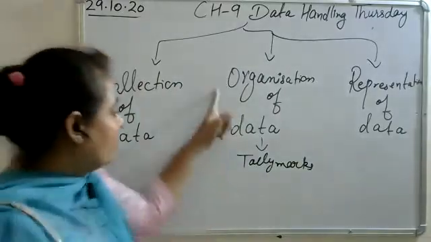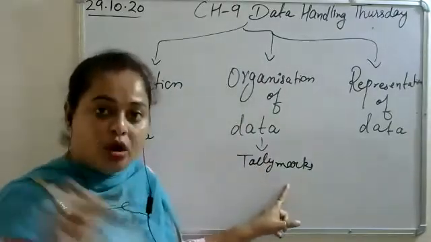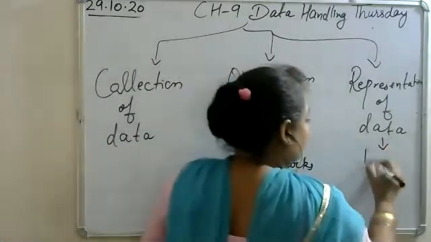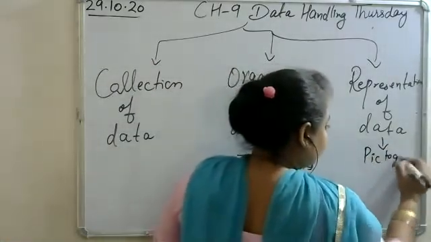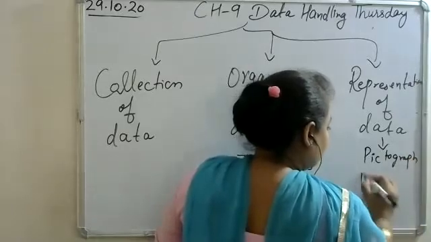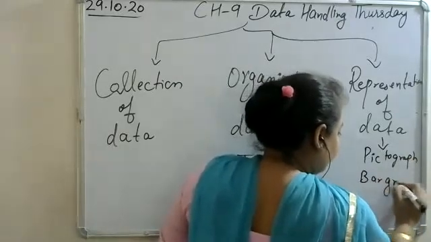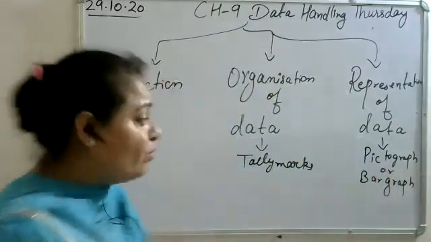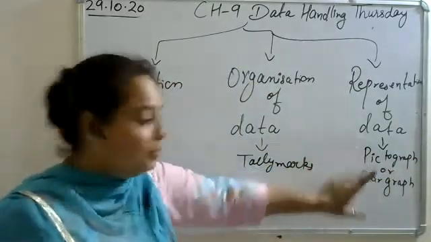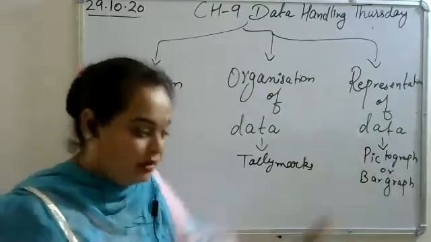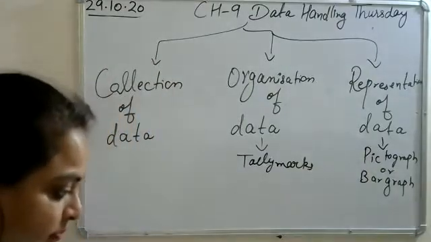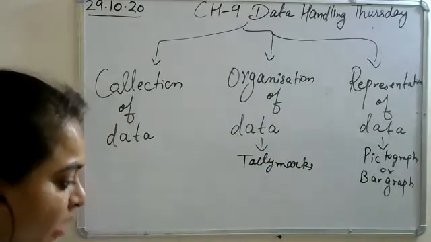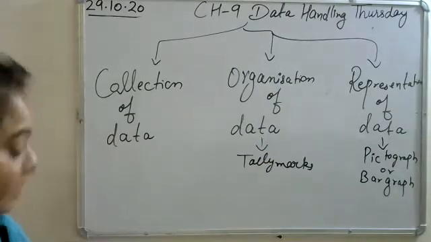So for organization you will use table of tally marks, and for representation we will use either pictograph or bar graph or so many methods, but you have only these 2 methods in your book, pictograph or bar graph. So this is the meaning of collection, organization and representation.